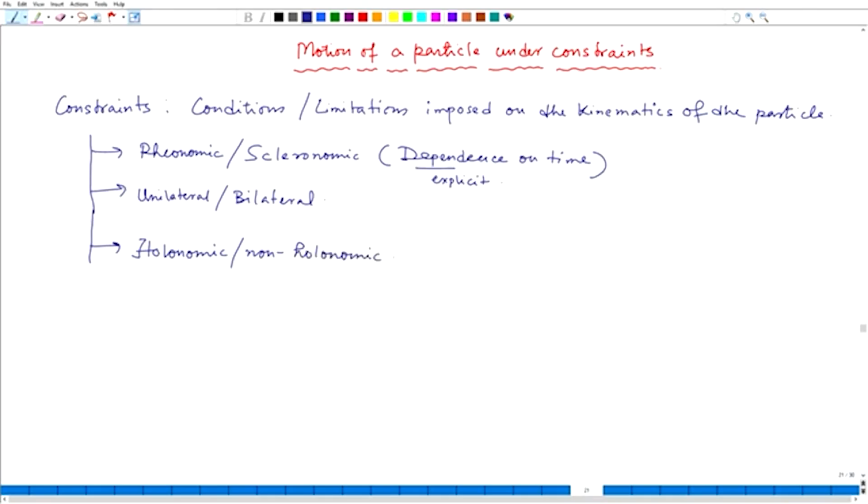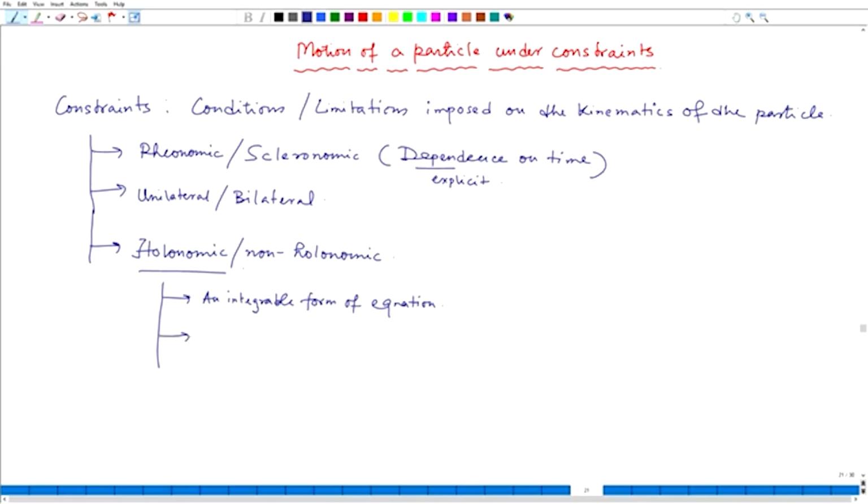Okay. So, holonomic, we said that it has several features. First, it should be an integrable form of equation, which we sometimes loosely say algebraic, but it can also consist of trigonometric or exponential type of functions as well, which we know how to integrate.